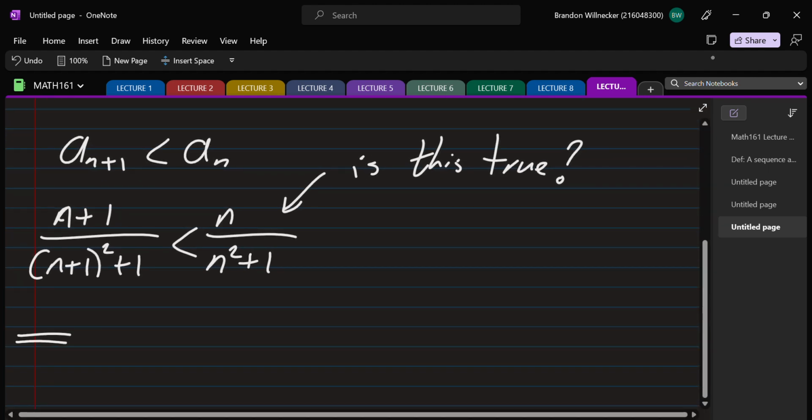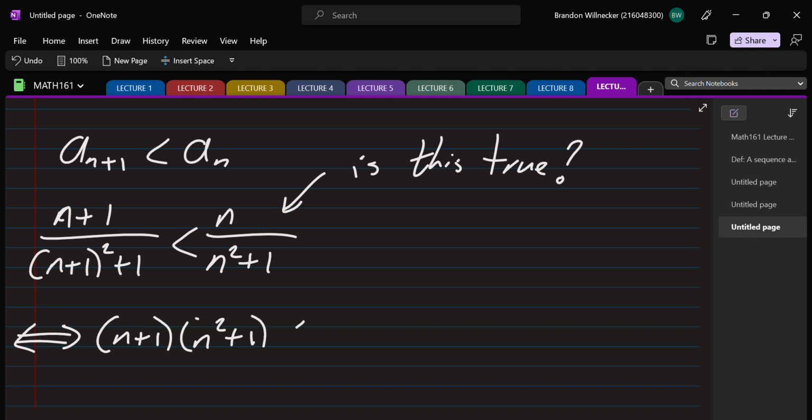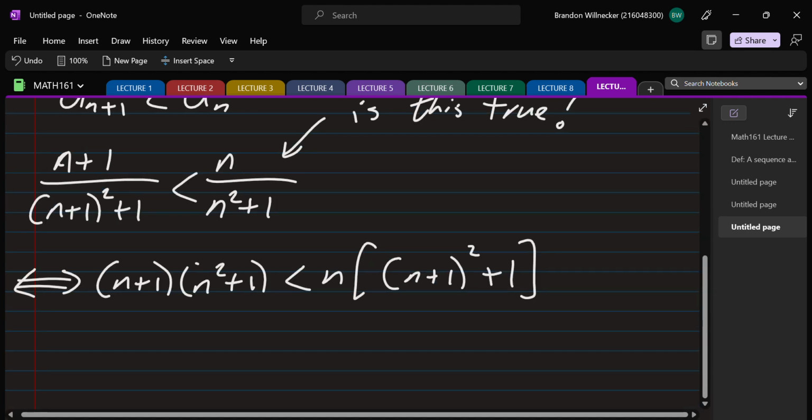So this is equivalent to, we can cross multiply. So we have (n+1)(n^2+1) is less than n((n+1)^2+1). Okay, so I just cross multiplied there. And we're still checking, is this true or not? This is equivalent to, we can multiply out the brackets.